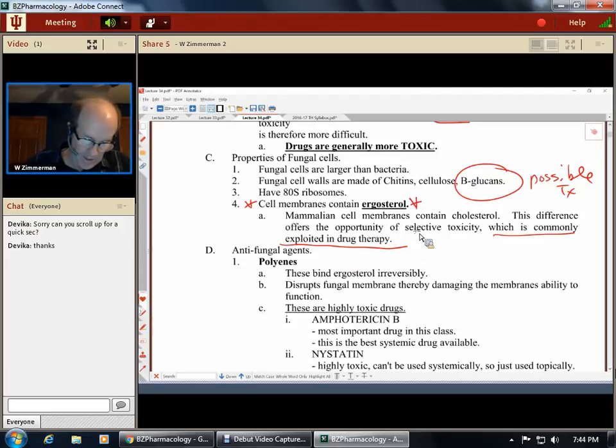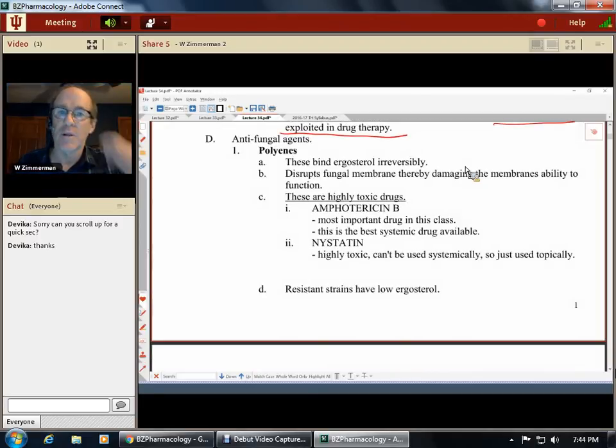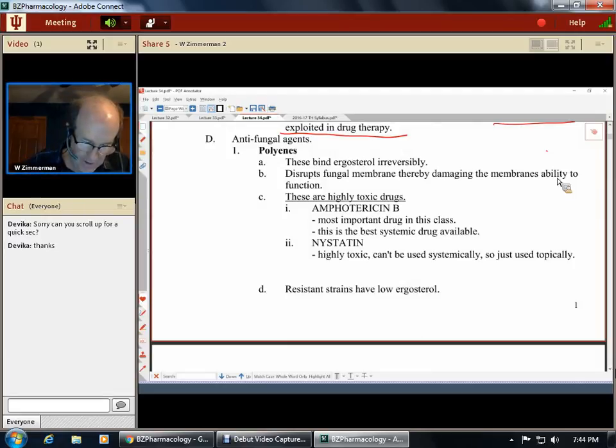So what are these antifungal agents? First group that I've got listed here, the polyenes, they bind ergosterol irreversibly. They disrupt the membrane. Basically, they put holes in the membrane, make it somewhat porous.